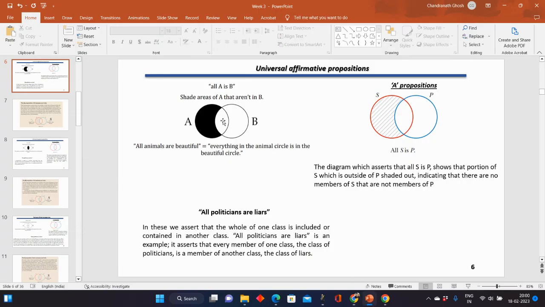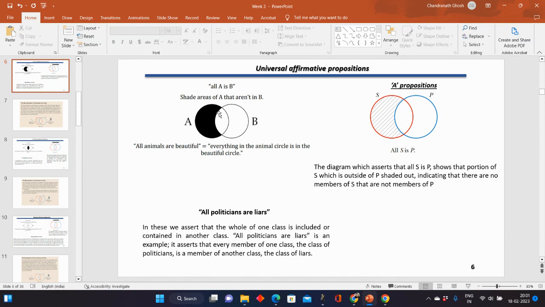Any portion of A that is included in B is A, but anything that is not colliding with B is not A. In that way I can say it, right?